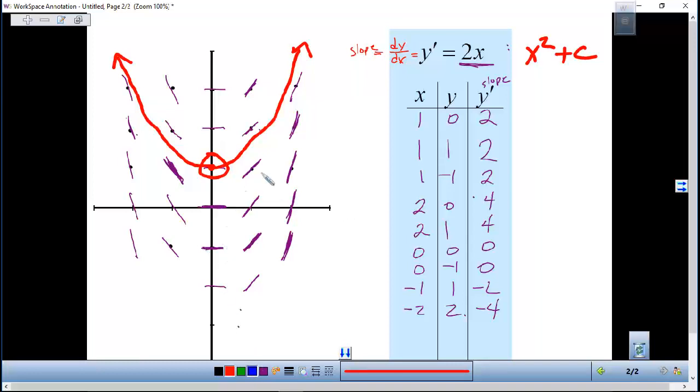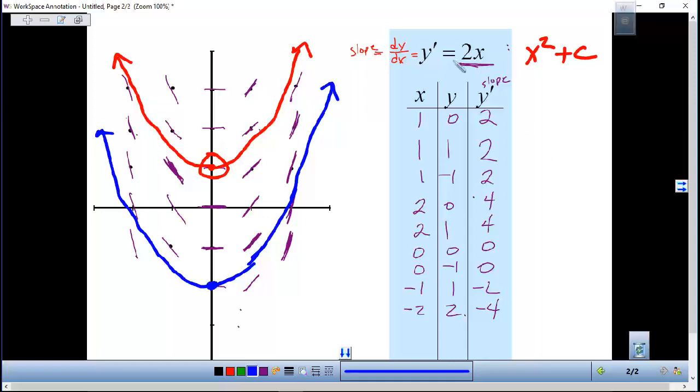We could have just as easily had a graph down here that had a point of 0, negative 2. And guess what? The slope behavior is going to be very much the same. It's still going to be a parabola. So that's what we're looking at when we're looking at slope fields.